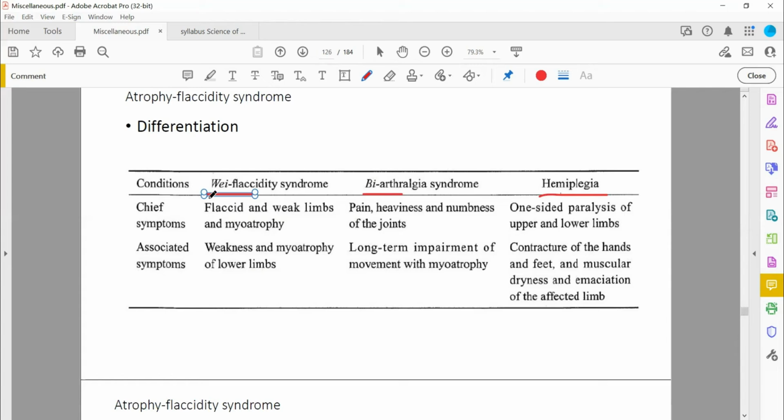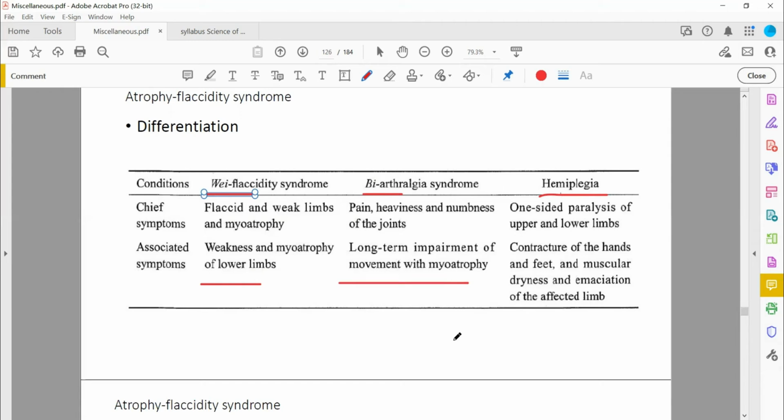Associated symptoms for Wei syndrome, weakness and mild atrophy of the lower limbs. For Bi syndrome, long-term impairment of movement with myoatrophy. Okay, so think about these two.